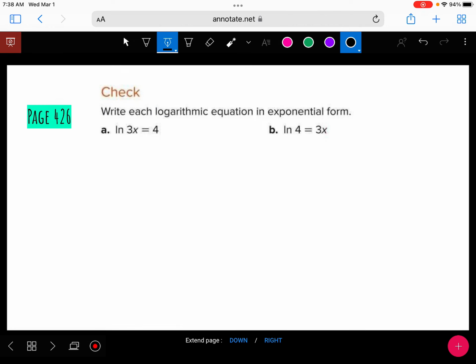And I want you to try it, just like we did the last time. Take 2 minutes. Switch them around. All you're doing is switching them around.